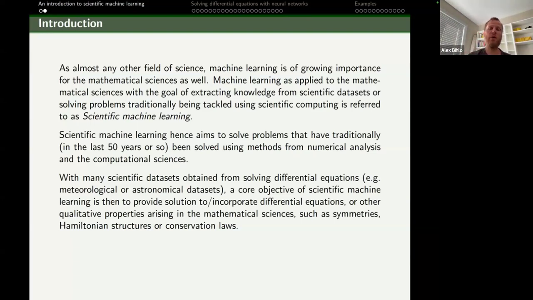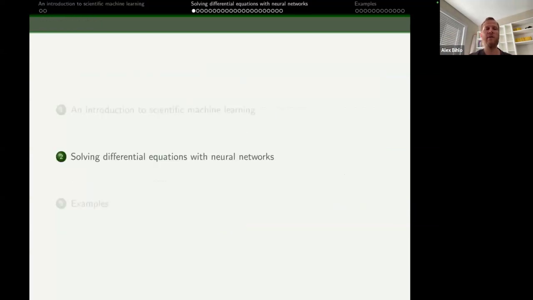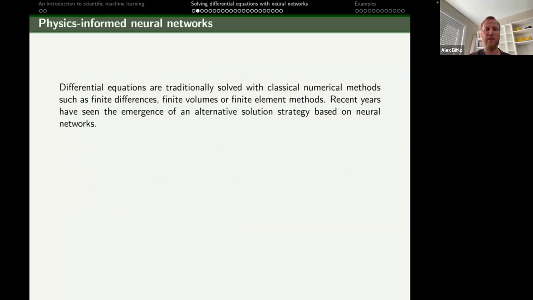But that's not the only thing that you can do. I think this is what I want to stress here. Scientific machine learning is more than just solving differential equations. It's an important subfield, but there are other applications as well: data compression, explainable machine learning, novelty detection, and many, many more. But in this talk, I will just focus on solving differential equations with neural networks.